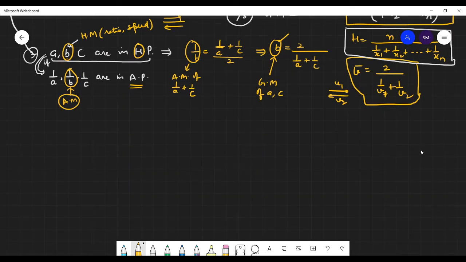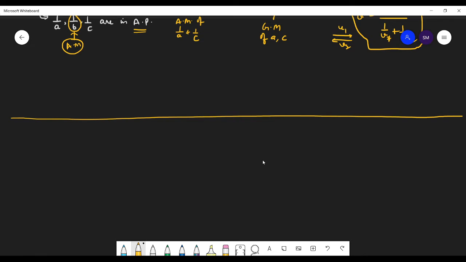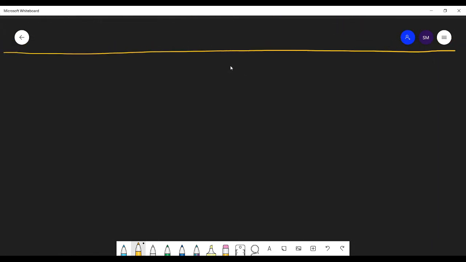So very important concepts we are doing, students. Now we already know that the arithmetic mean is greater than or equal to the geometric mean, and that is greater than or equal to the harmonic mean.